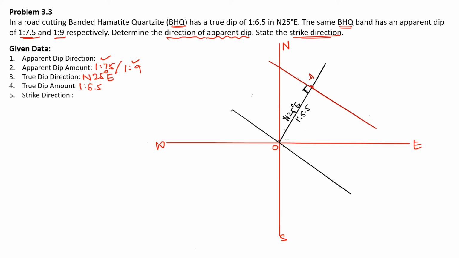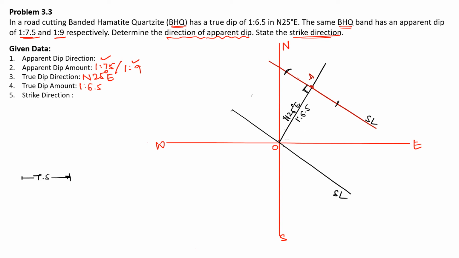This is my straight line, I'll denote it as SL. Now what you need to do is take a compass and measure 7.5. Then with the 7.5 mark this and this.